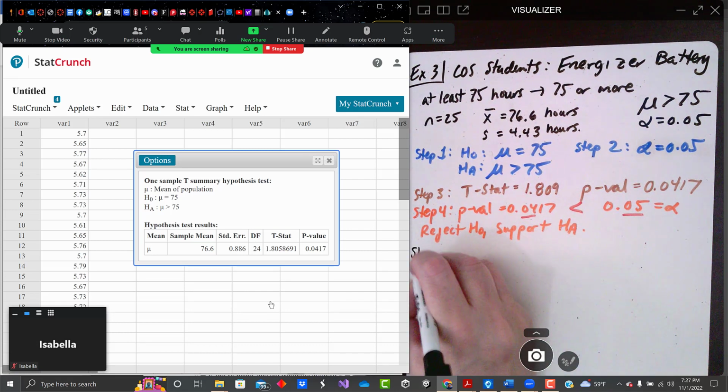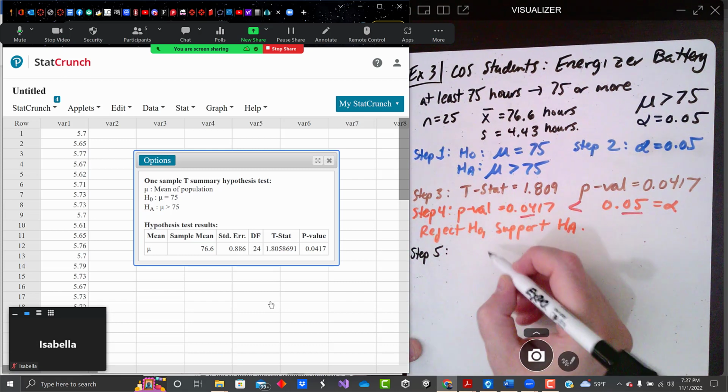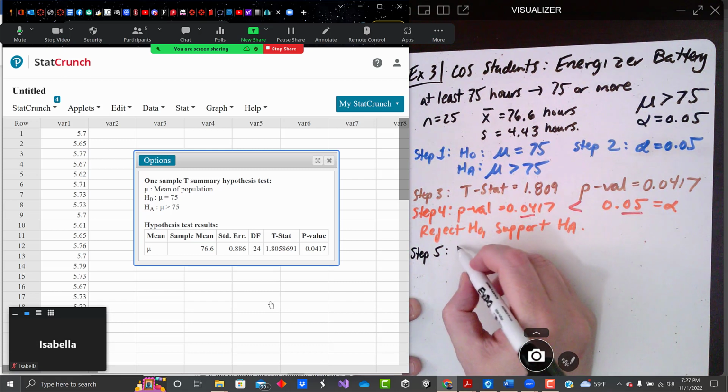So step 5, this was the COS students' work. I'm going to reference them in my answer.